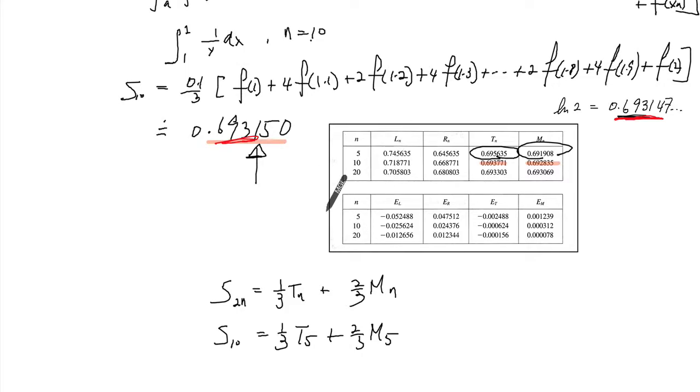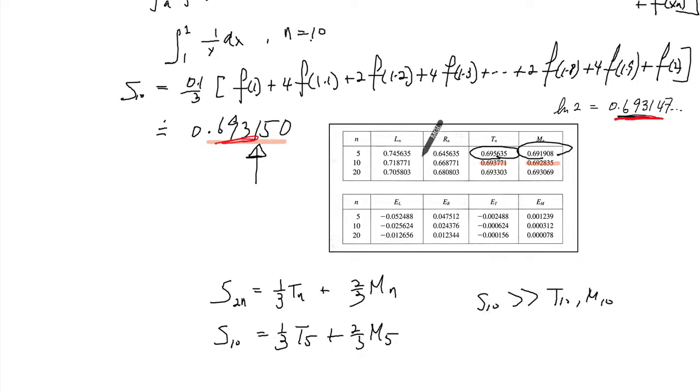Now this is interesting because this means we actually can get a much more accurate result, more accurate than doing T10 or M10, by doing T5 and M5. This is really useful because S10 is much better than T10 or M10.